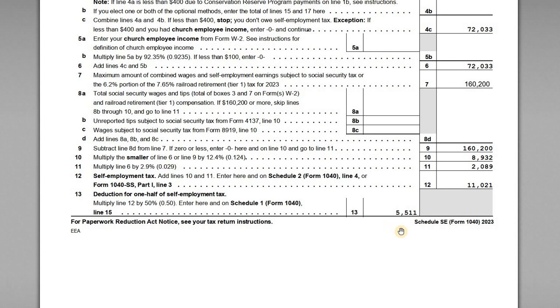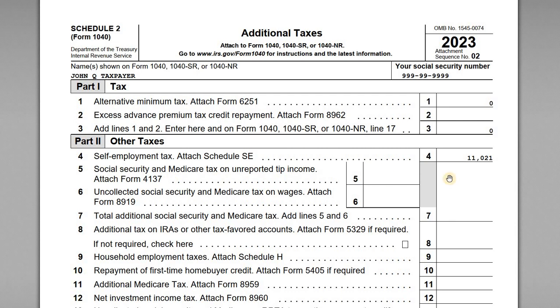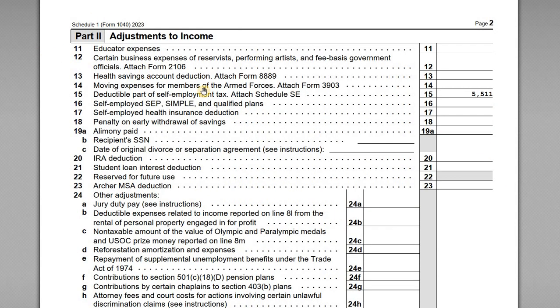We are allowed to deduct 1/2 of that self-employment tax on Schedule 1, so we multiply that figure by 50%. So our $11,021 of SE tax goes to Schedule 2. The $5,511 in tax goes to Schedule 1 as the deduction. So if I jump up here to Schedule 2, we can see on line 4, we have our self-employment tax. And then on Schedule 1, page 2, part 2, we have 1/2 of our SE tax as our deduction, so $5,511.